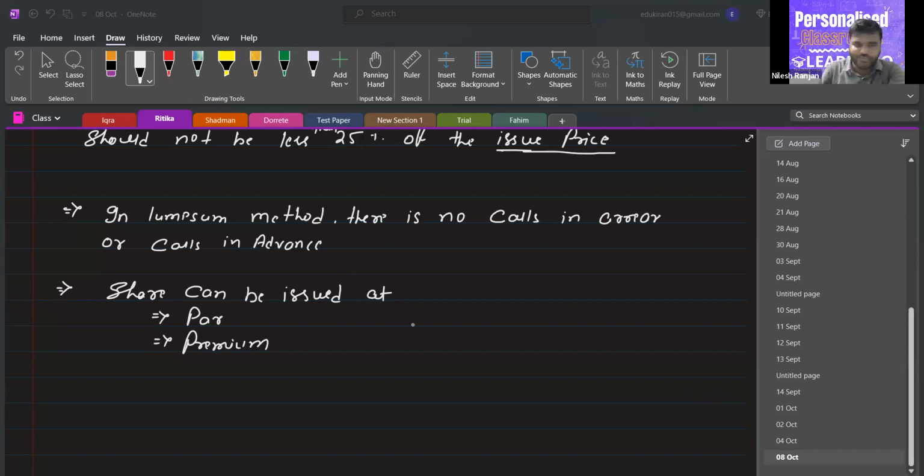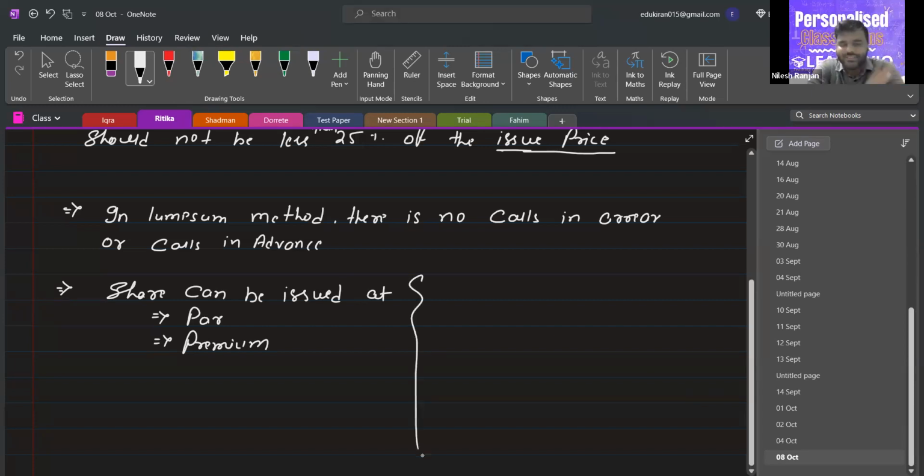Any logical explanation you can think of, apart from profit?